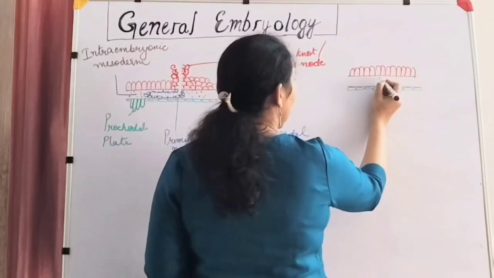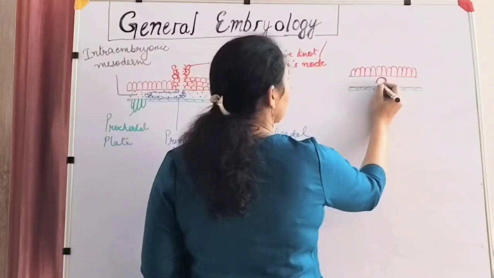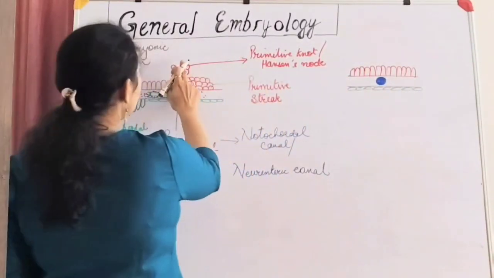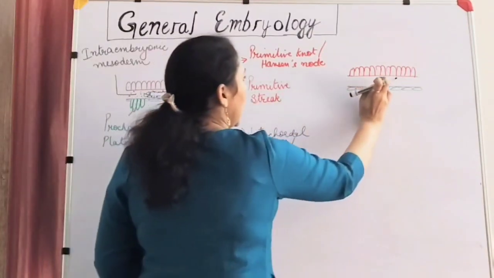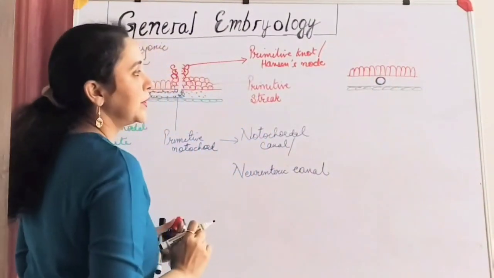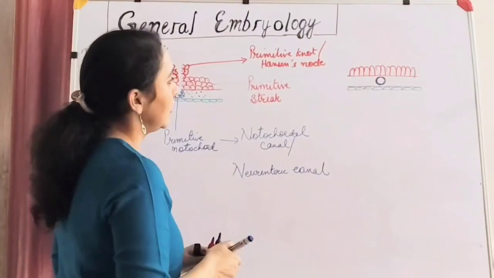And here we have the primitive notochord. This primitive notochord, because of the cavity of the blastopore, has hollowed out and now it has converted into a neurenteric canal or a notochordal canal.